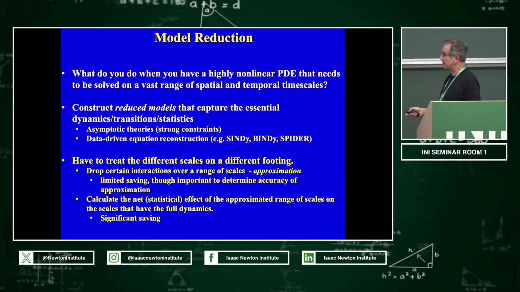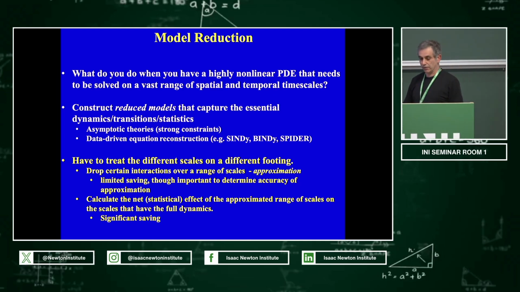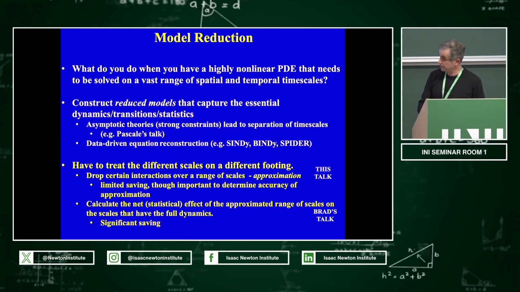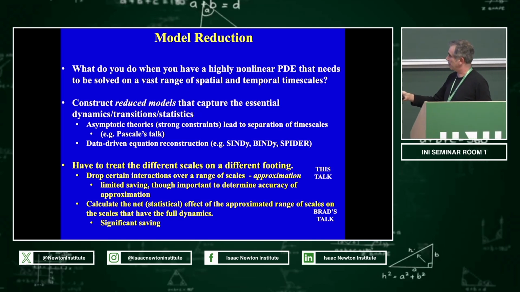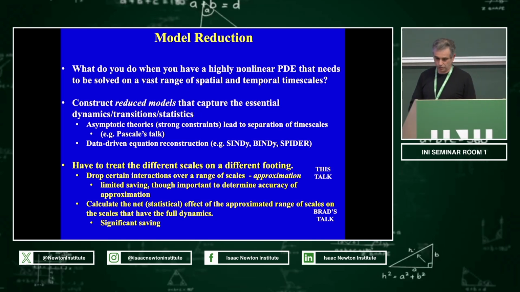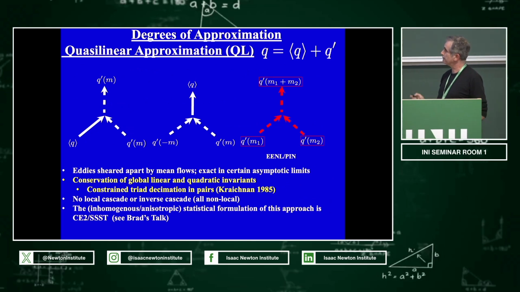And this would be a significant saving, and that's what Brad is going to talk about tomorrow. So this talk is just going to look at the damage you do by these approximations, and then Brad is going to talk about the statistical models tomorrow.